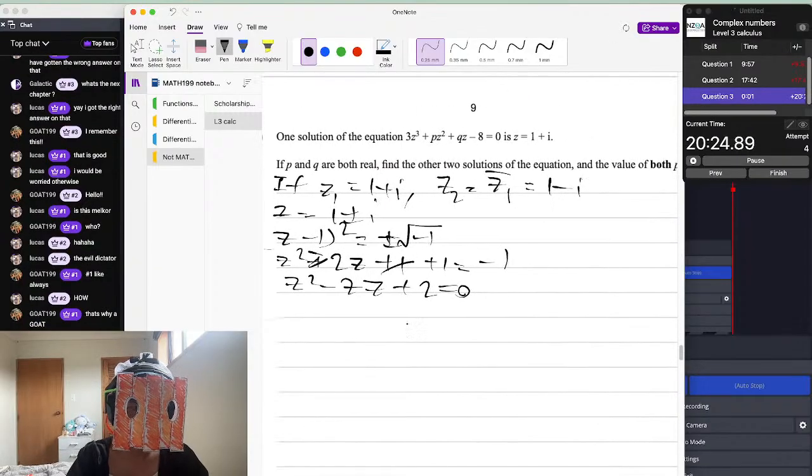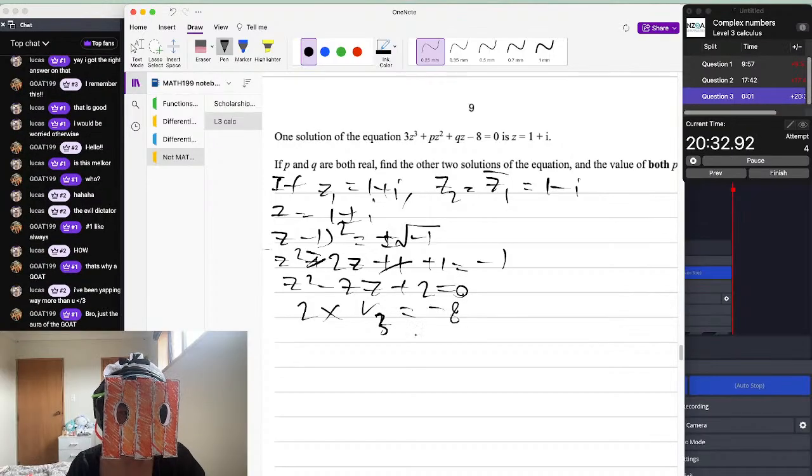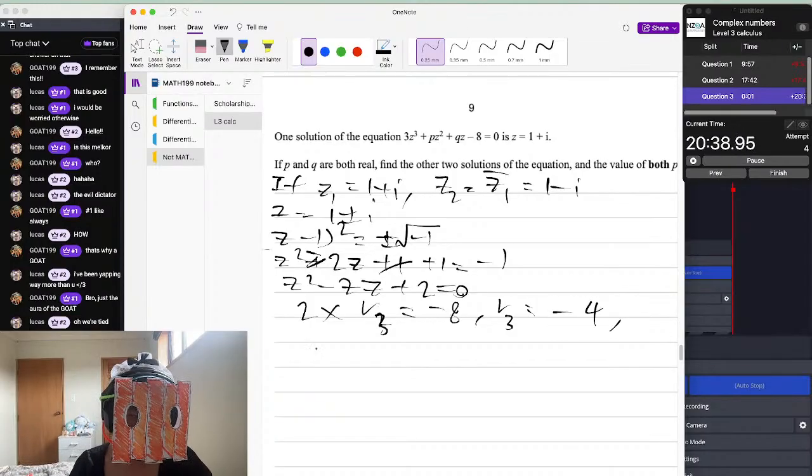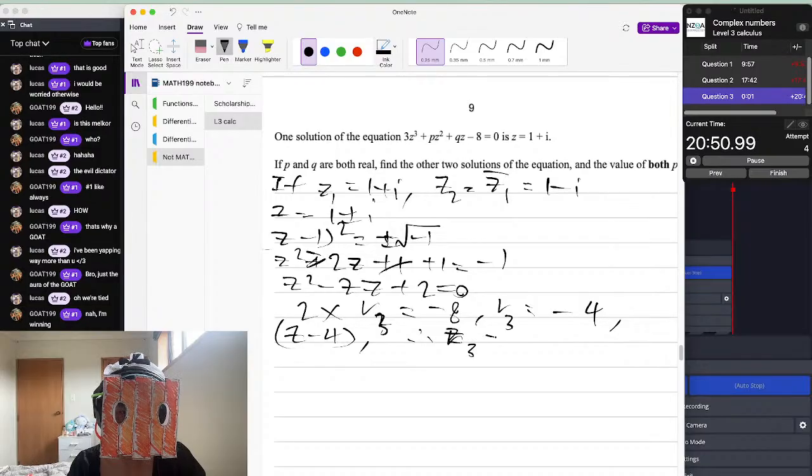As you can see, something like root 3 has to be equal to the constant value, root 3 equal to minus 4. So the third root would be something like this. Therefore, that will be the third root.